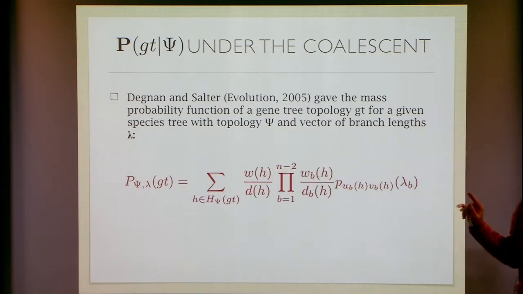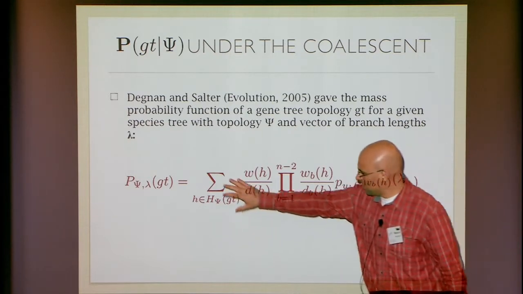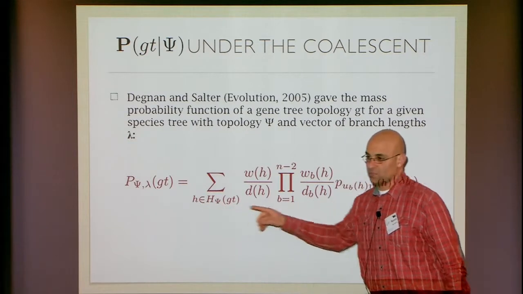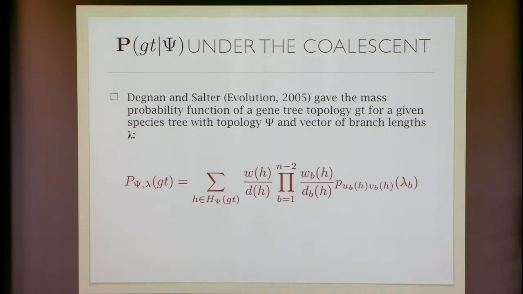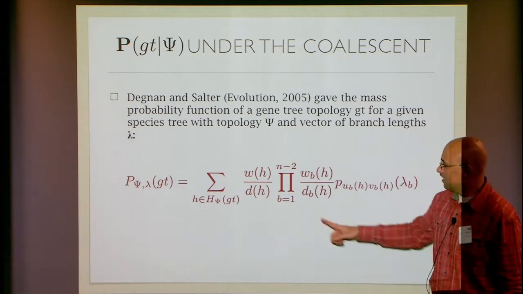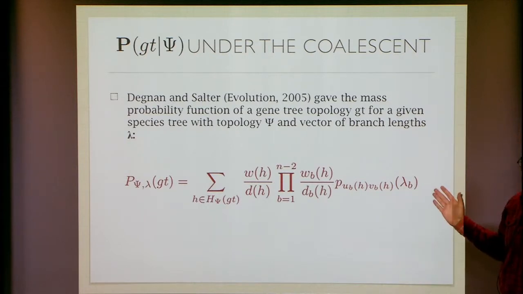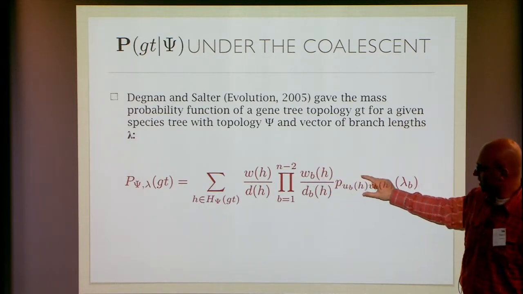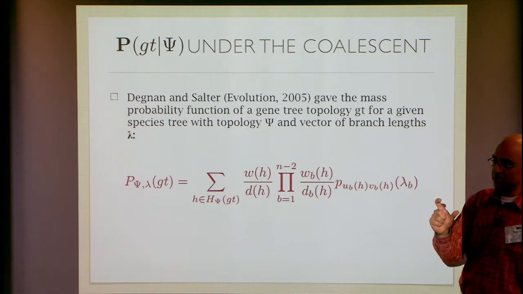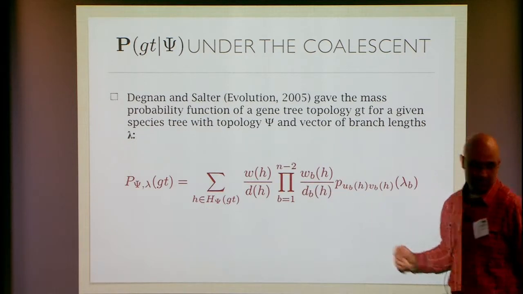The main thing to notice is that this probability is a summation over all possible coalescent histories. We are saying: what is the probability of the gene tree? It's the sum over all possible ways of embedding the gene tree, computing the probability of each embedding. The probability of the embedding is nice to compute because it's independent across branches, so you can compute it for every branch individually and take the product.